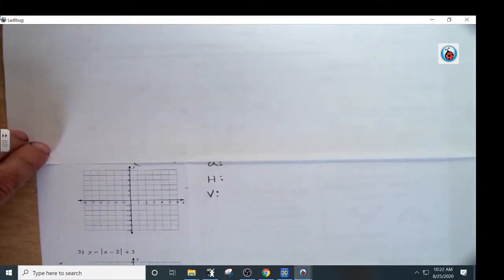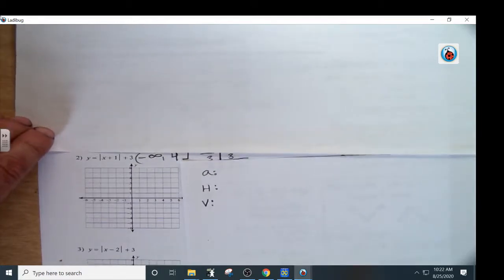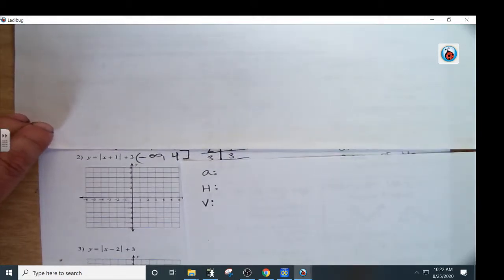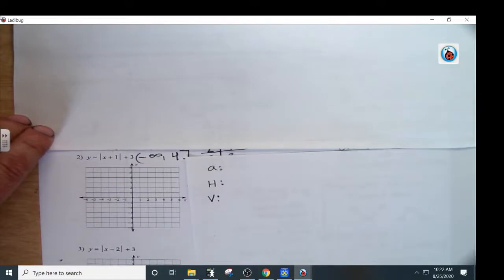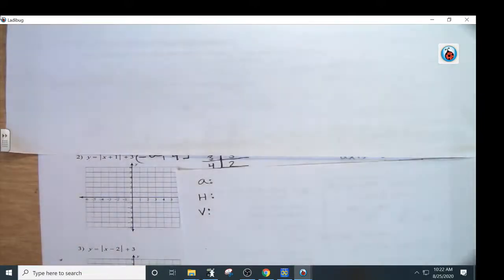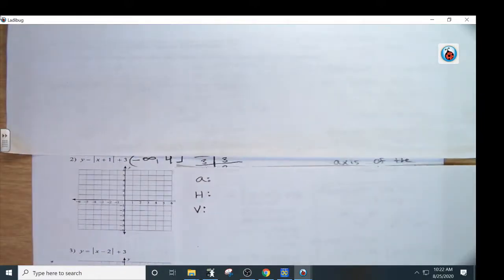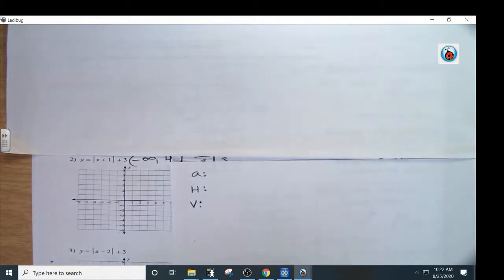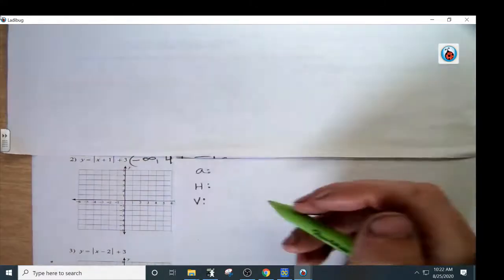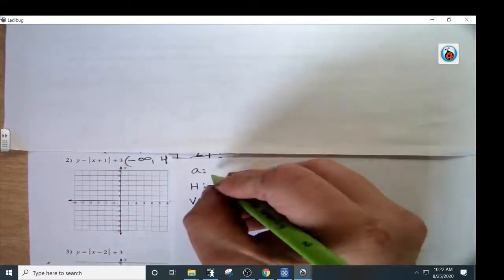So my A is a positive number. All right. Now, that's a positive 1. Now, guys, you can put stretches by 1, which really doesn't stretch or compress. But if your A value is a positive 1, then you actually don't have an A value.